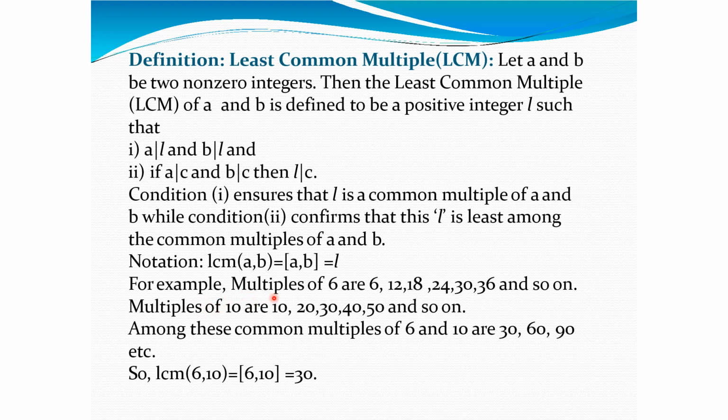Multiples of 6 are 6, 12, 18, 24, 30 and so on. Similarly multiples of 10 are 10, 20, 30, 40, 50 and so on. So what are the common multiples? The common multiples are 30, then 60, 90 and so on. So there are infinite common multiples of 6 and 10. But among all these common multiples, the least is 30 because 30 divides all common multiples of 6 and 10. So LCM of 6 and 10 is 30.